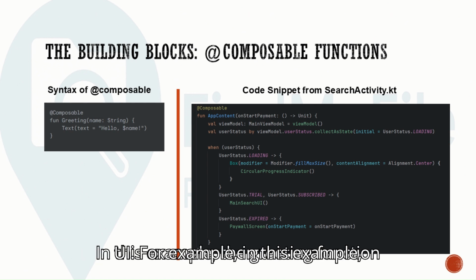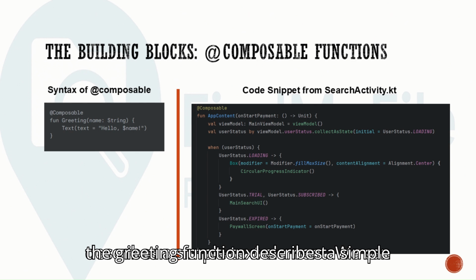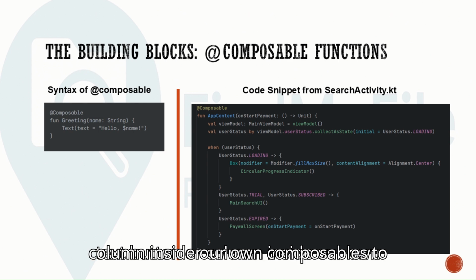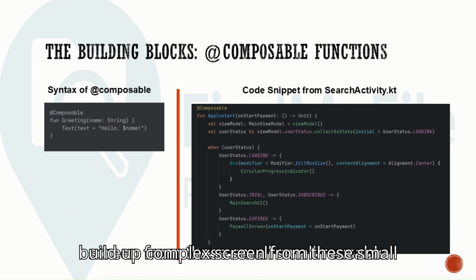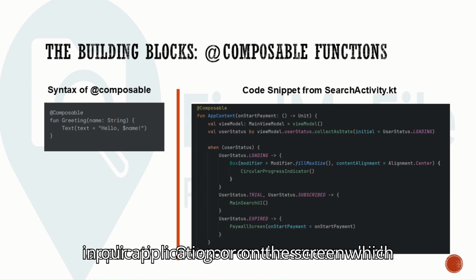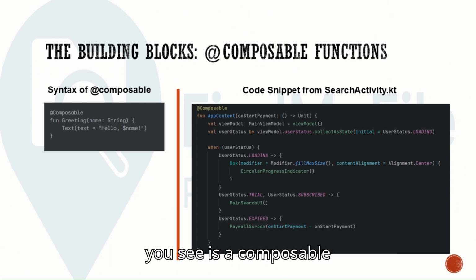For example, in this example, the Greeting function describes a simple text element. We can call other composables like Text, Button, or Column inside our own composables to build a complex screen from these small reusable pieces. Everything in our application, or on the screen which you see, is a composable function.